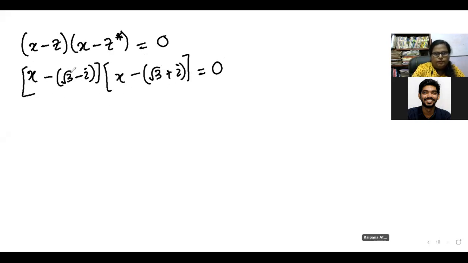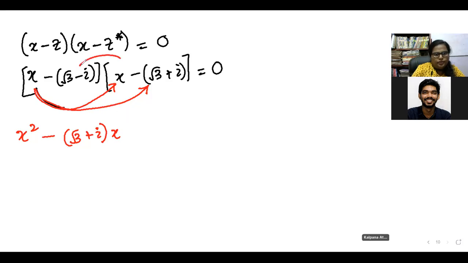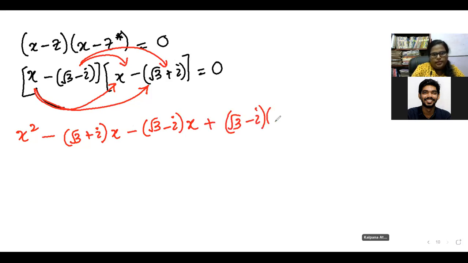So you can simplify this one, these brackets like x into x, it gives you x square, x into minus square root 3 plus i x, and when you are taking this one, right? So it gives you minus square root 3 minus ix, and you have to take this value also, plus square root 3 minus i times square root 3 plus i, right?